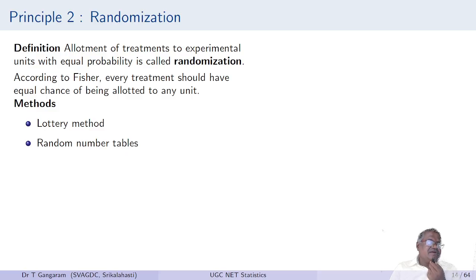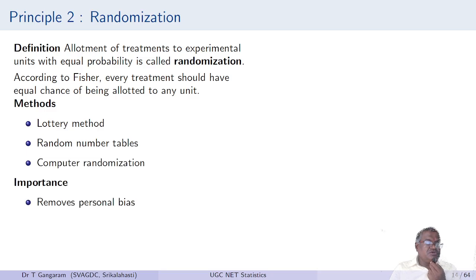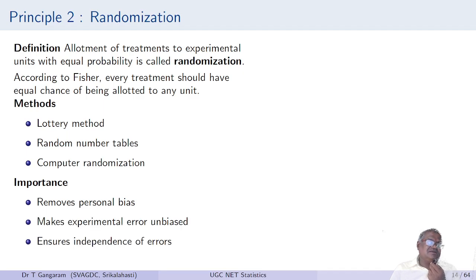Lottery method: by using the lottery method, we can allot the treatments to the experimental units. Random number table, computer randomization. It removes personal bias. It makes experimental error unbiased.